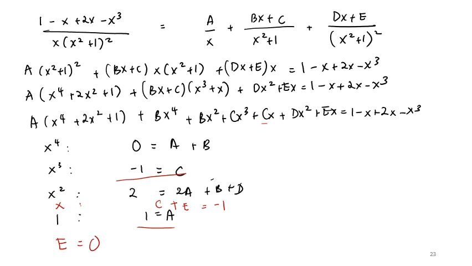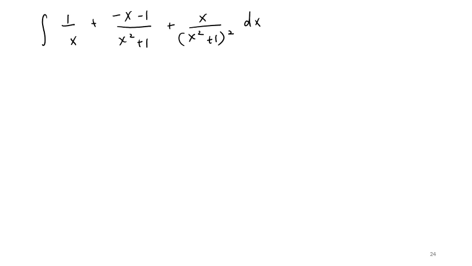Then you get E equals 0 because C is -1: E is -1 minus -1, which gives 0. And you get the values: B is 1, C is -1, D is 1. So you just substitute these values into the fraction here. Then we can do the integration.